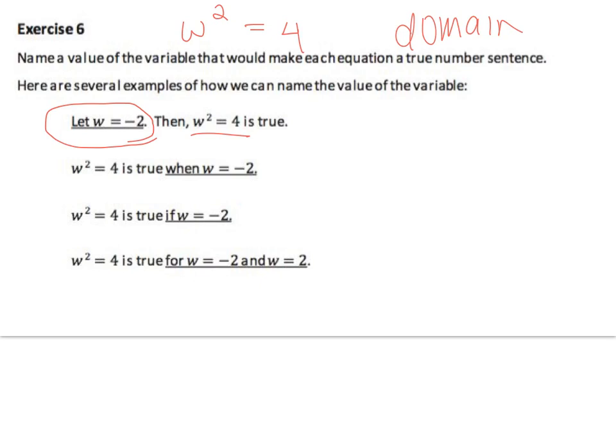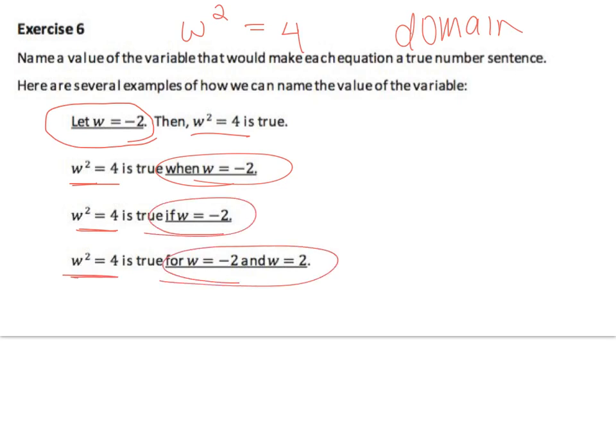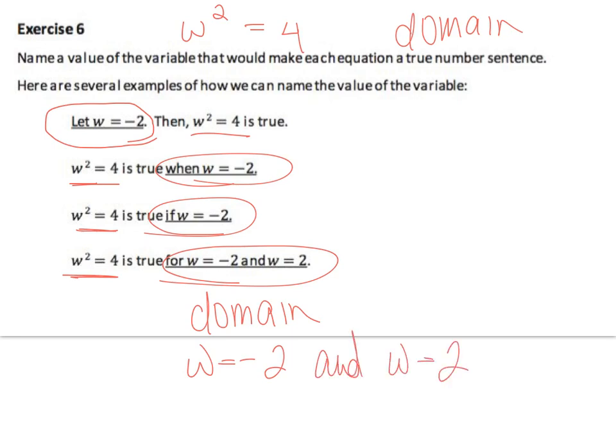Then w squared equals 4 is true. It's true for both of them. Okay, our domain has w equals 2 and w equals -2 making for a true statement.